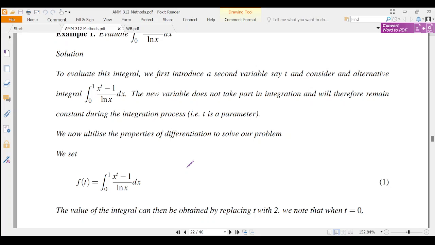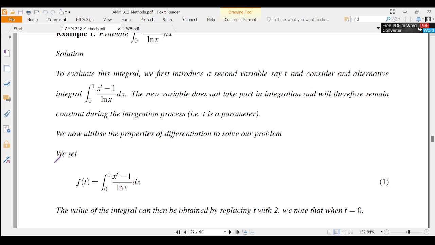So first, we are going to define our integral here and call it a function of t, f of t. So we define f of t as the integral from 0 to 1 of (x raised to power t minus 1) divided by logarithm of x.